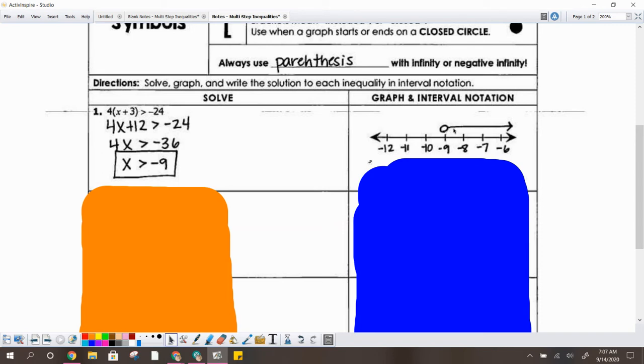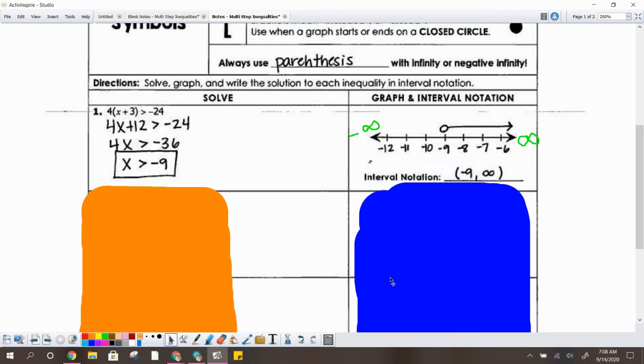Then, since this is going on and on forever to the right, over here would be infinity, and over here would be negative infinity, if my lines would connect. Since we're shading towards infinity, we include a positive infinity in our interval notation. If this was shading to the left, we would have a negative infinity first, and then negative 9.